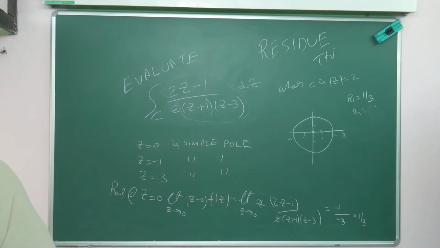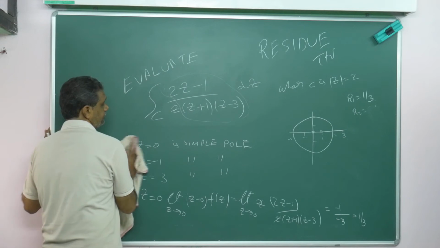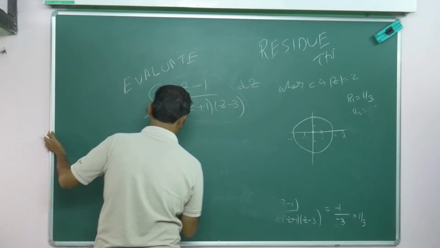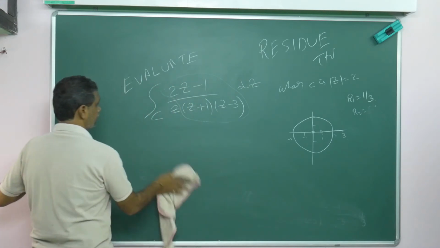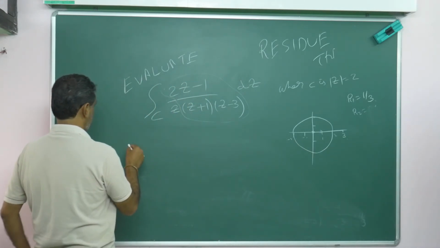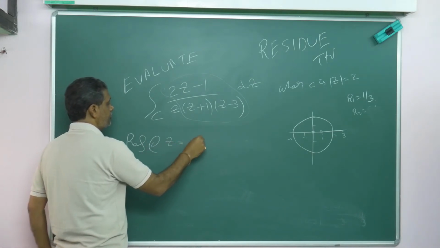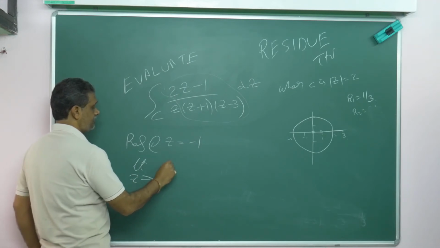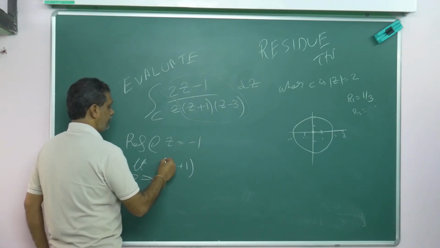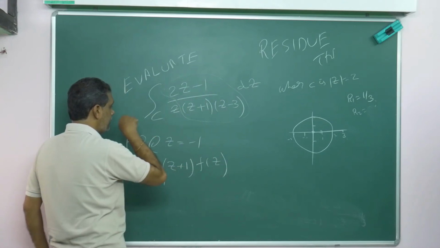Now go and find R2. How will you find R2? Residue at z equal to minus 1. Same story: limit z tends to minus 1 of (z plus 1) into f of z. The whole fellow is my f of z.